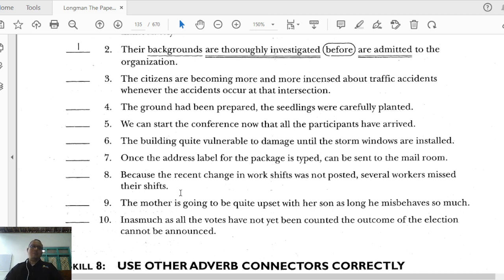Once the address label for the package is typed, can be sent to the mail room.